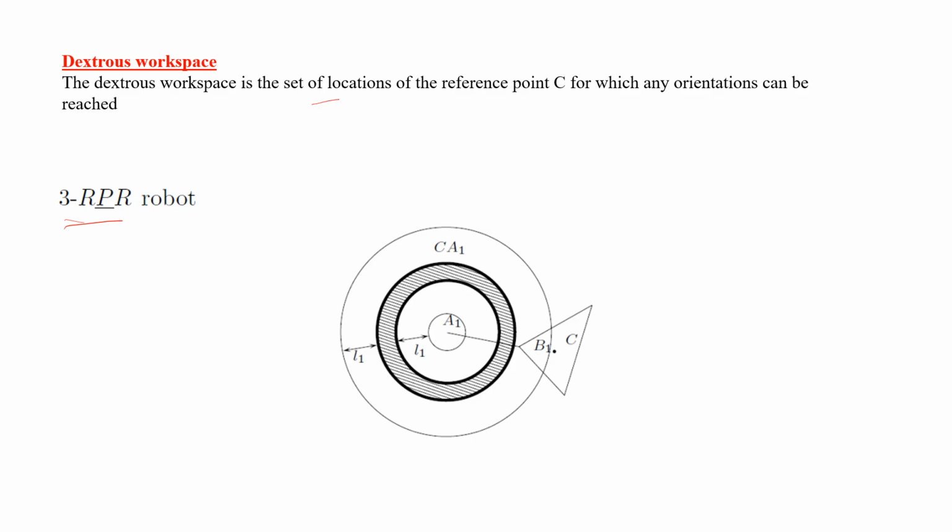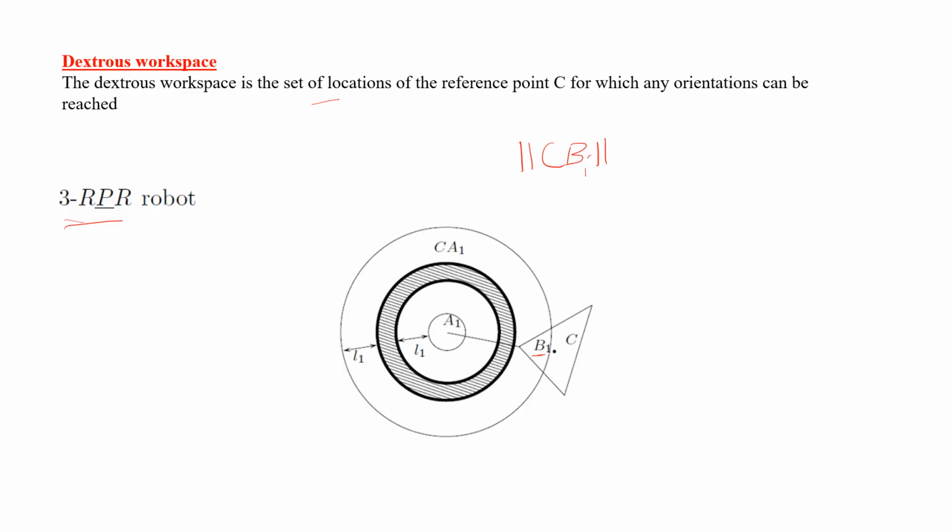As all the orientations are possible, a point BI must be able to describe a circle with center C1 and radius equal to the norm of CBI. This circle must be contained within the annular zone of the link I.